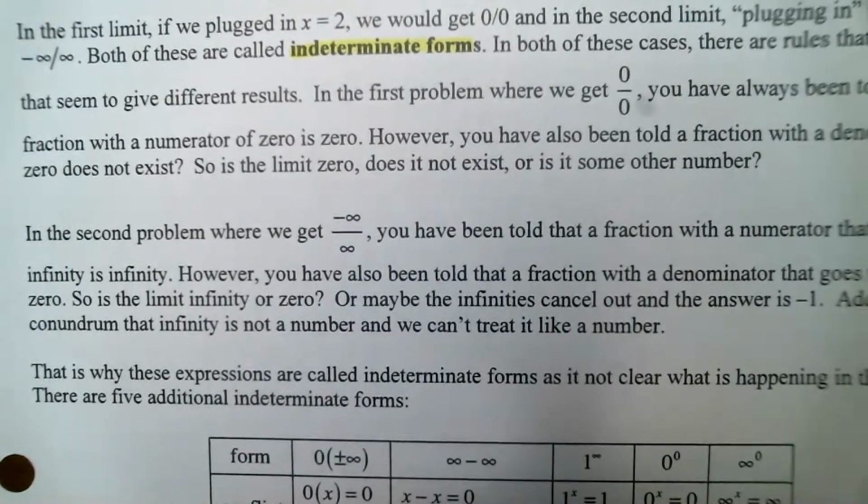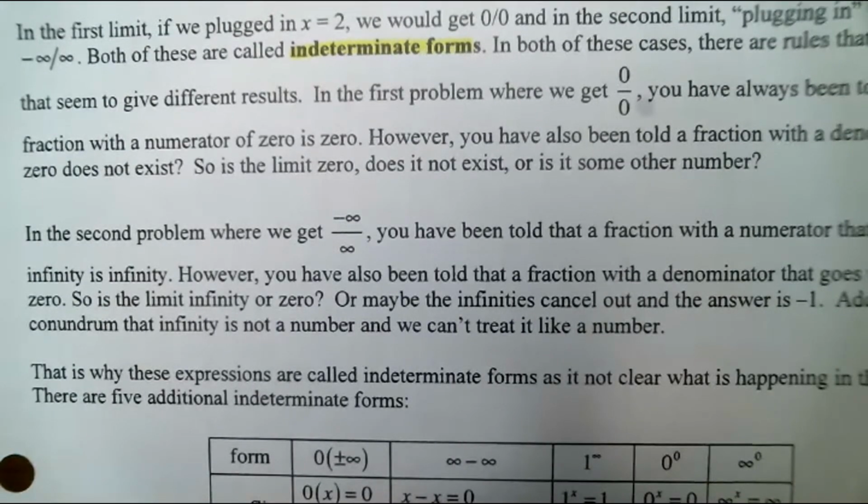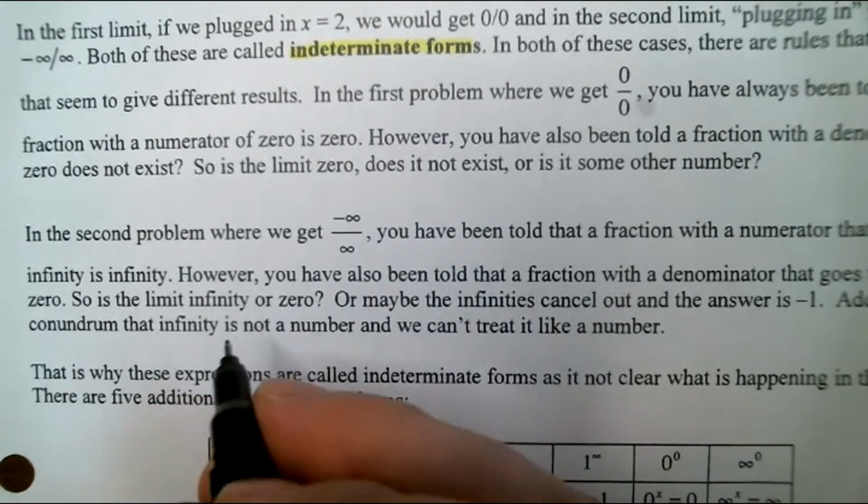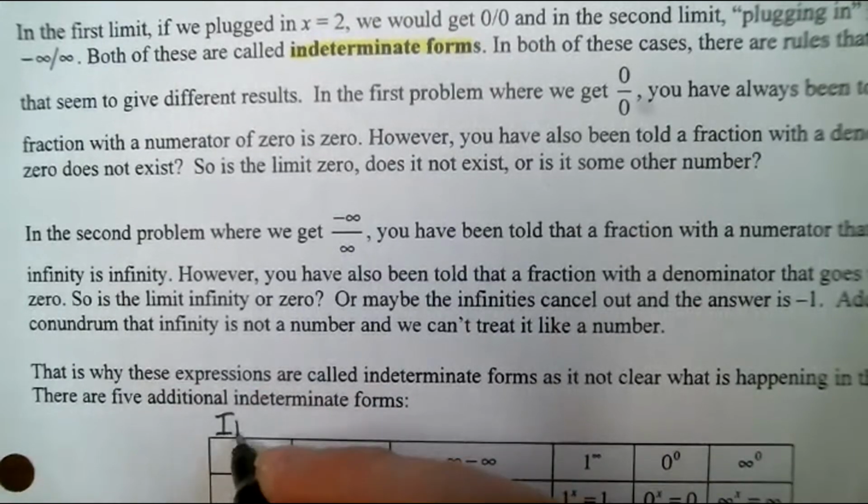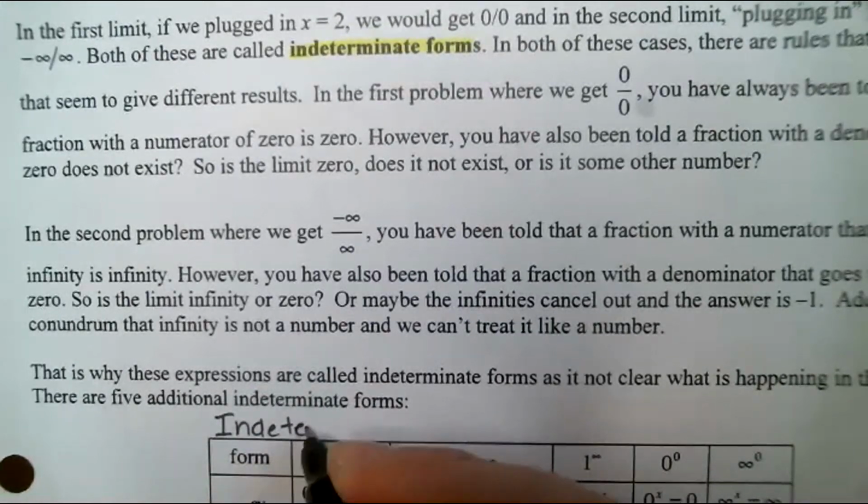So a conflict there. 0 to the 0 power. Well, 0 to the x power is 0, and x to the 0 power is 1. Infinity to the 0 power, and then infinity to the x is infinity, x to the 0 is 1. So these are all just simply more of the indeterminate forms.